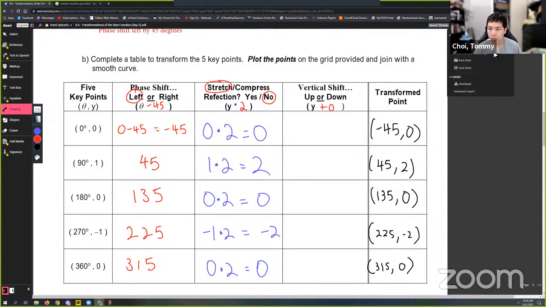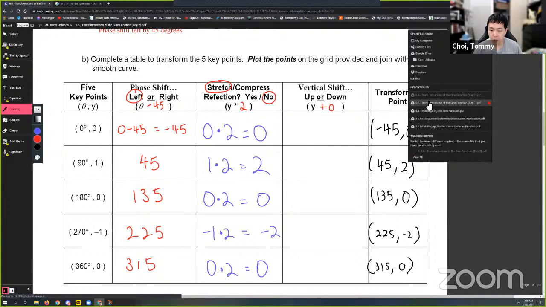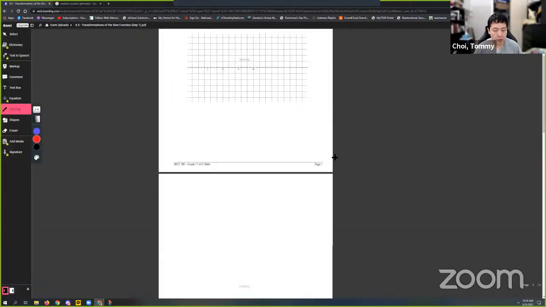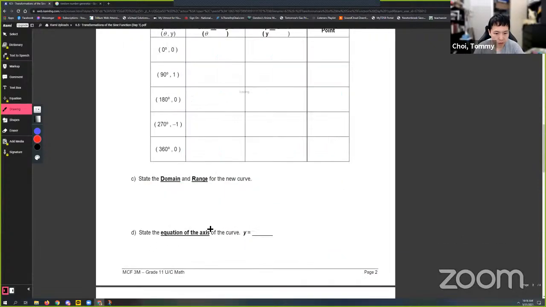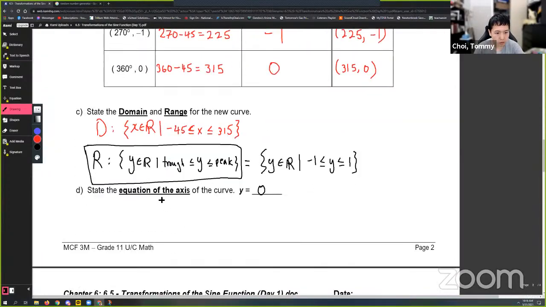Hold on, let me bring it up here. The formula from earlier, which is why I want you to copy it down in case it helps, was the range formula I mentioned. This one here: y is an element of real numbers such that trough is less than or equal to y, which is less than or equal to the peak. So make sure you copy that down and keep that in mind, because this is going to be very helpful.